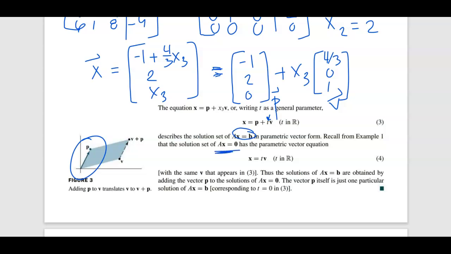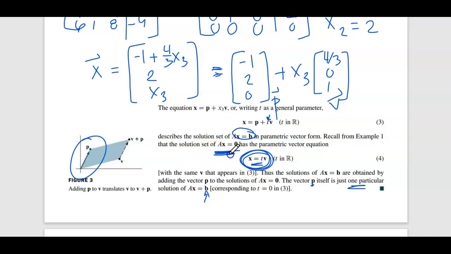If we wanted to look at where the 0 vector is, we knew from before that that was just this guy. And then P itself we call the particular solution for Ax equal to b. So this is what the homogeneous solution piece would be.